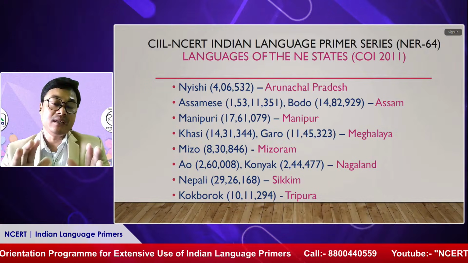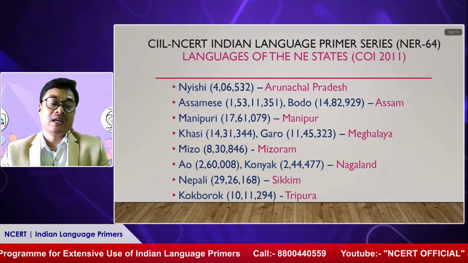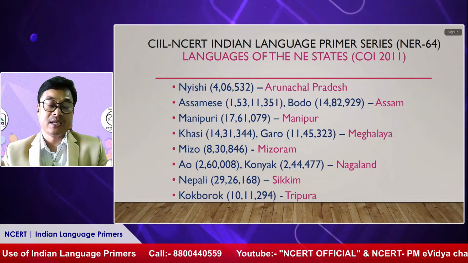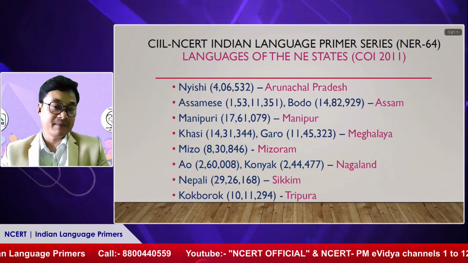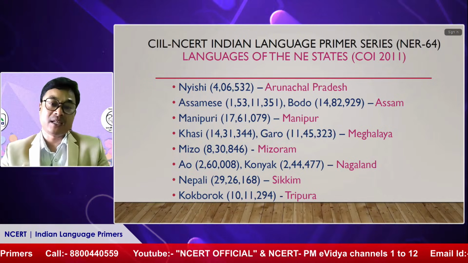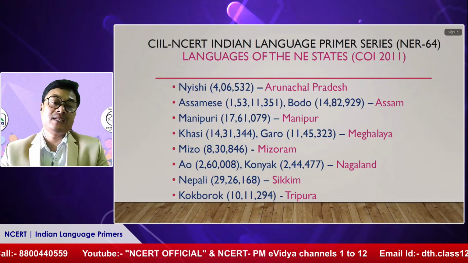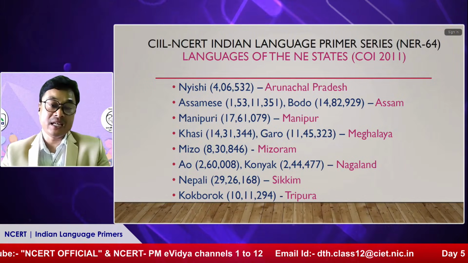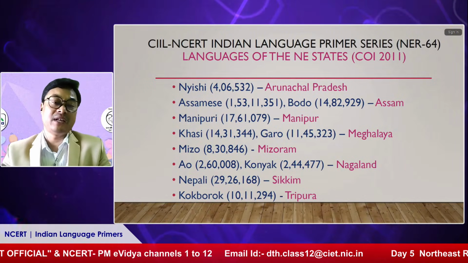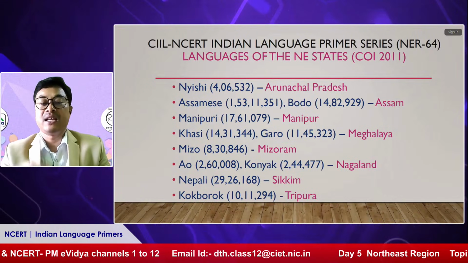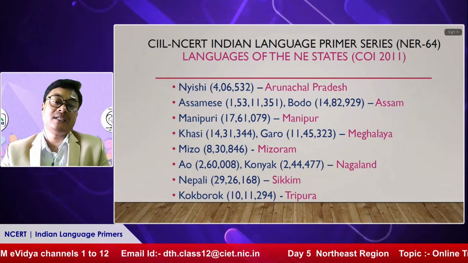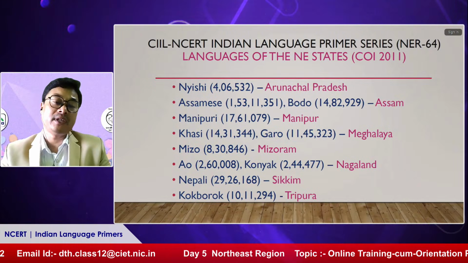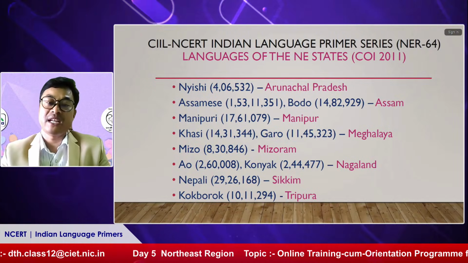In those states, which are the major languages based on the number of speakers? We have 65 languages in Northeast India, but if we go state-wise and pick up the major languages from those states, we can see that Nishi is the major language spoken in Arunachal Pradesh, and the number of speakers, based on the Census of India 2011 language report released in June 2018.